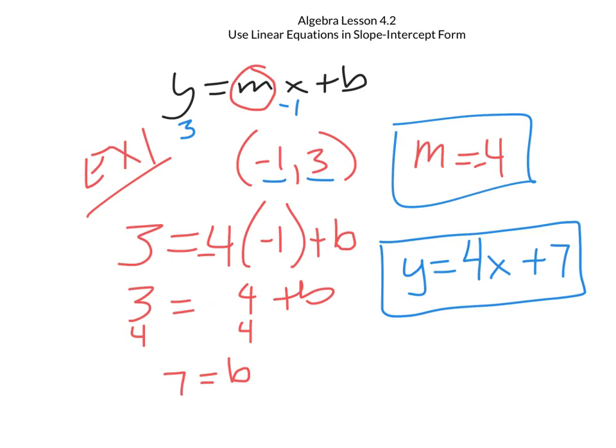Negative times a negative becomes a positive. So then I'm going to have to subtract 4. So then 3 minus 4 gives me a -1. See? Pays to read your instructions better than I did. -1. Would you change the 4 as well? Yep. This would be a -4.